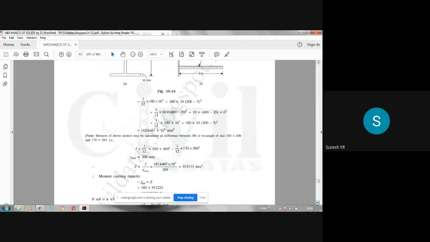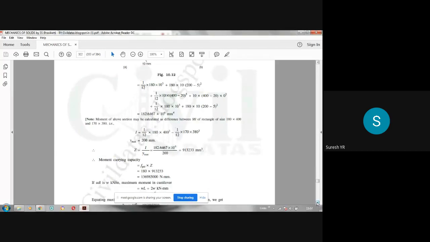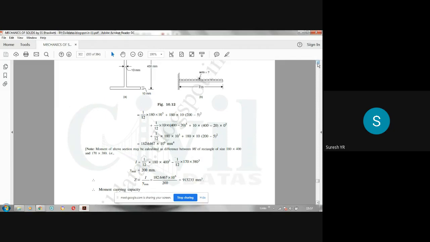So moment of inertia of the section may be calculated as the difference between moments of inertia of rectangles of size, and that is done in 2 ways. So moment of inertia has been calculated in 2 ways, one by using parallel axis theorem, another by using this. So I think second, since it is symmetric, you can go for the second method.